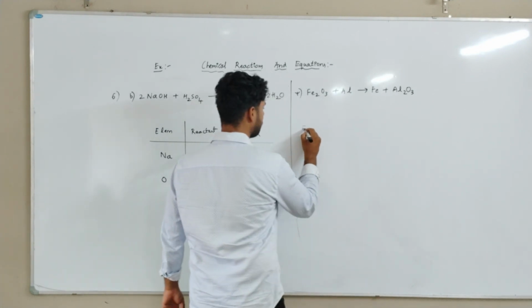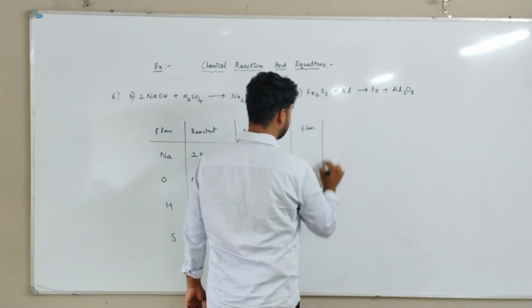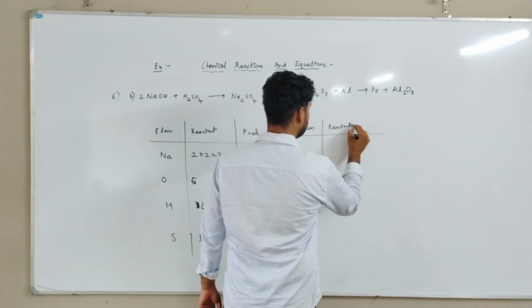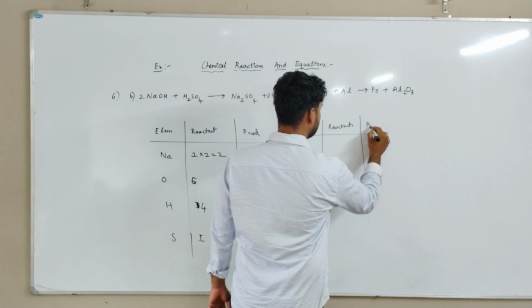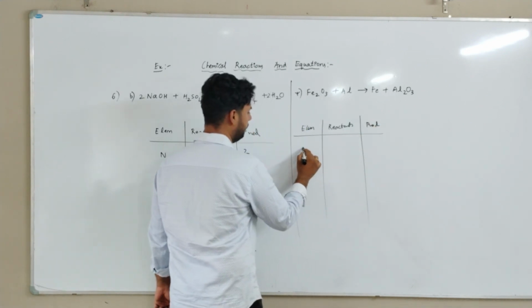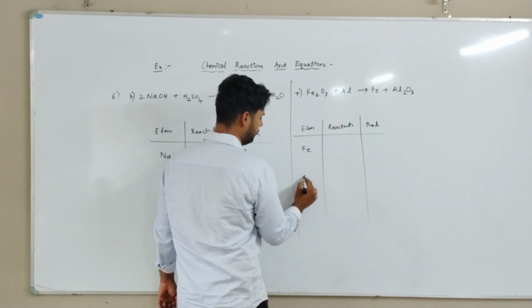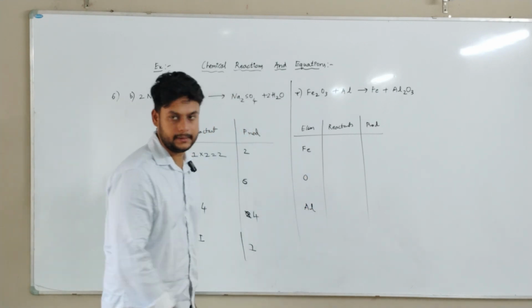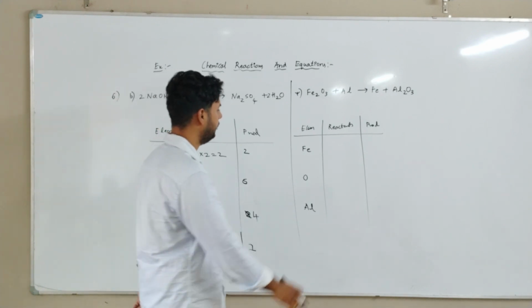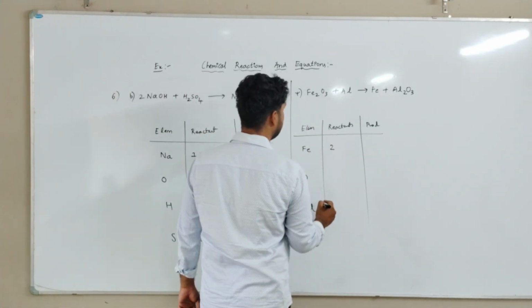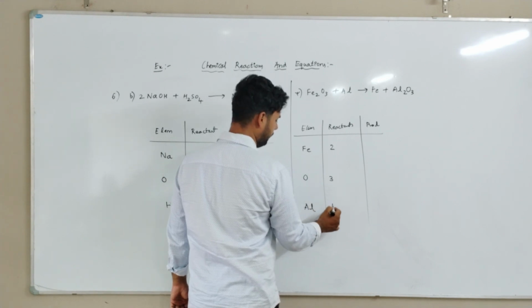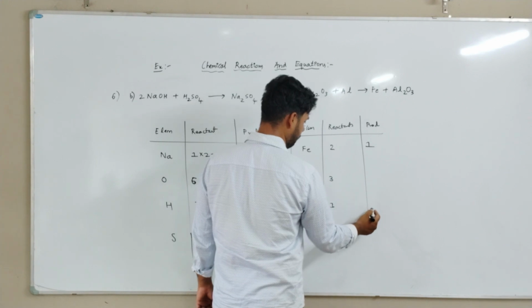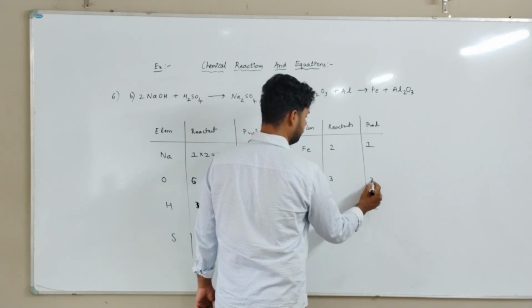Elements are Fe, oxygen, aluminum. 3 elements are there. Okay, Fe2, oxygen 3, aluminum 1, Fe1, aluminum 2, oxygen 3.